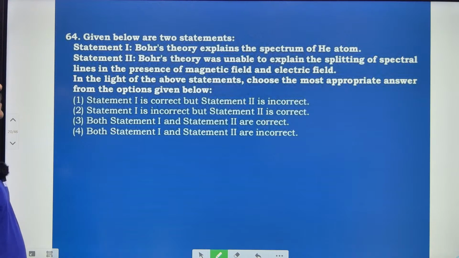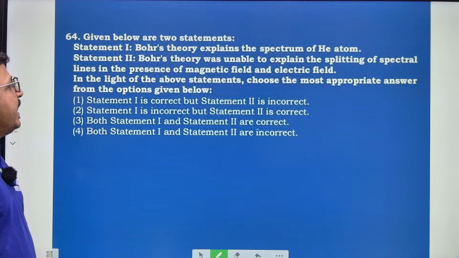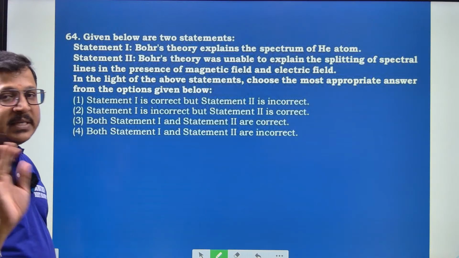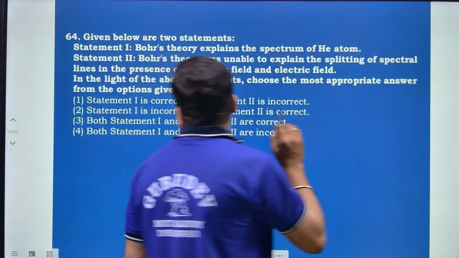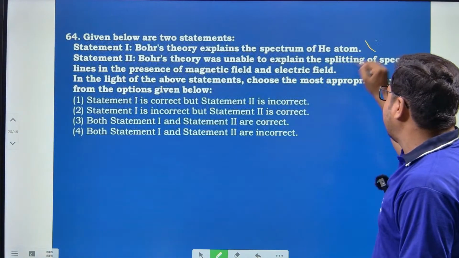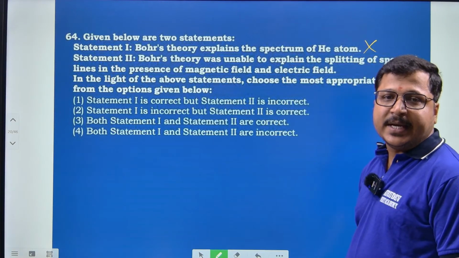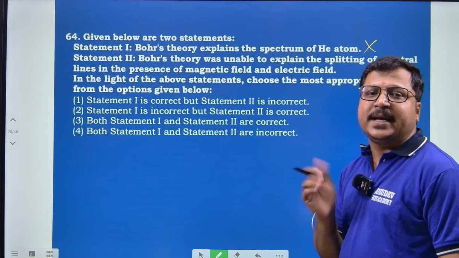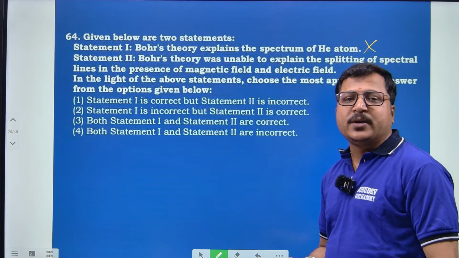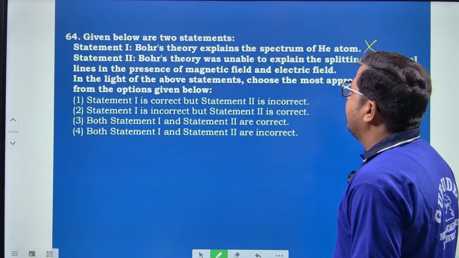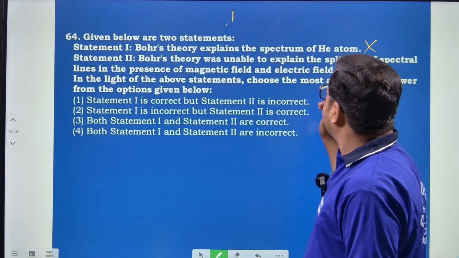Given below are two statements. Statement 1: Bohr's theory explains the spectrum of helium atom. 100% it is a wrong statement. Why? Because Bohr's atomic theory explains only hydrogen atoms. He has taken hydrogen as an example in his theory to explain the atomic spectrum.